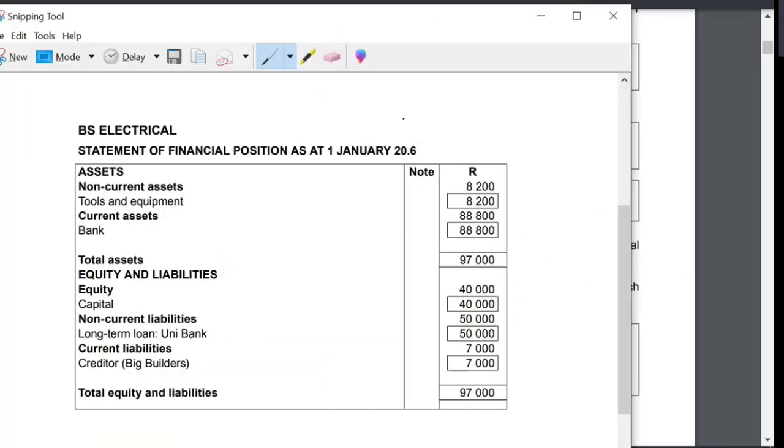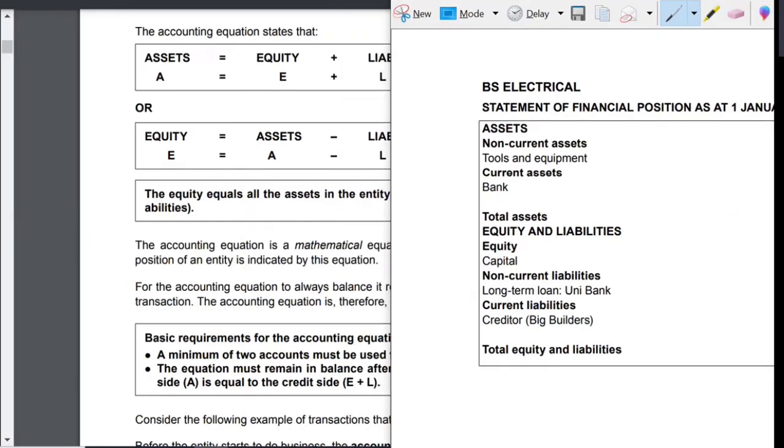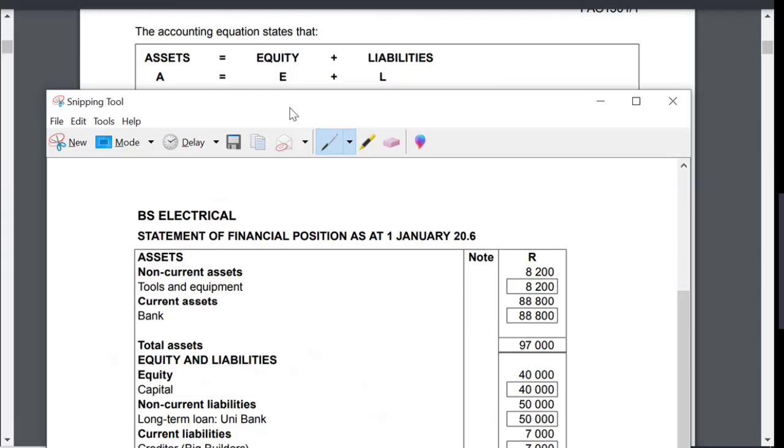When you look at this statement of financial position, is that the case? Yes. Assets equals equity plus liability. Can you see what we just did? When you do the accounting equation, you're basically doing the statement of financial position.